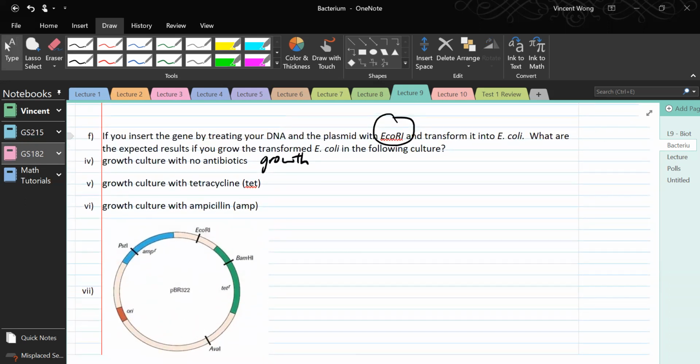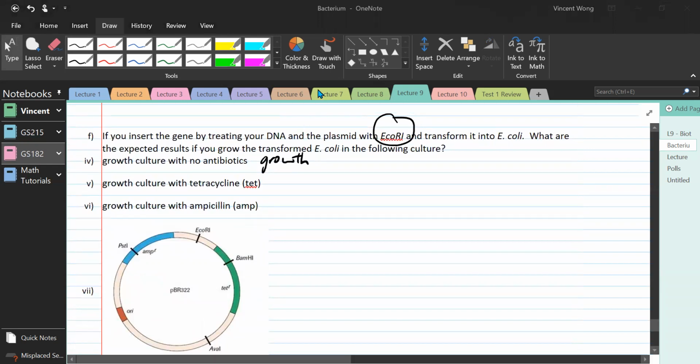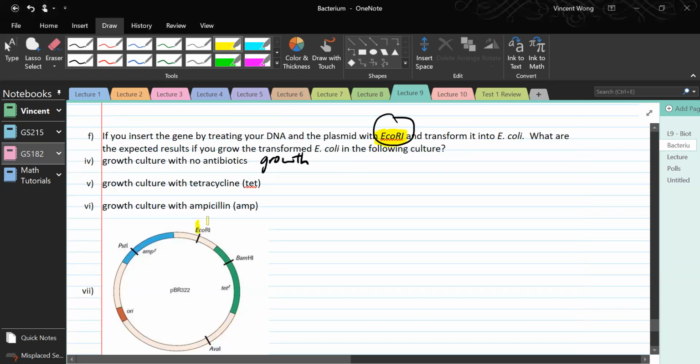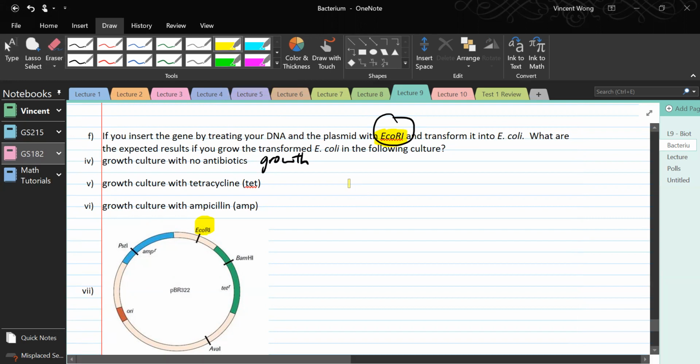Let's do a poll. If you insert using EcoRI, will they grow in tetracycline? Sorry, which one is yes, which one is no? A is yes, B is no, C is confused.